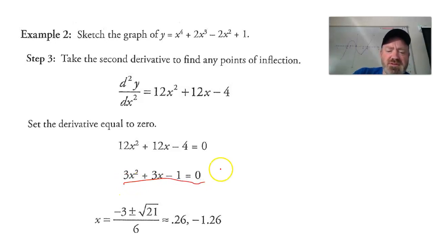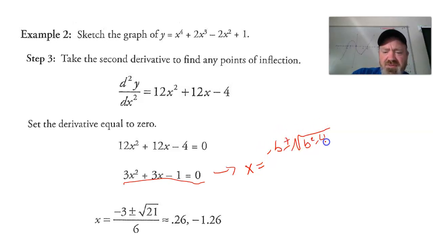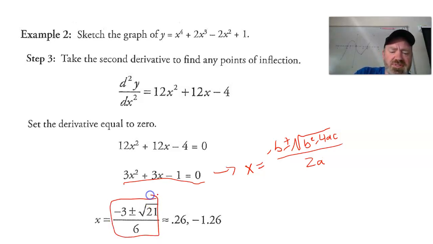And so what this text suggests you do, if you're stuck with a quadratic equation, you can use the quadratic formula. x is equal to negative b plus or minus the square root of b squared minus 4ac all over 2a. Okay, and you can get your two points of inflection at 0.26 and negative 1.26.